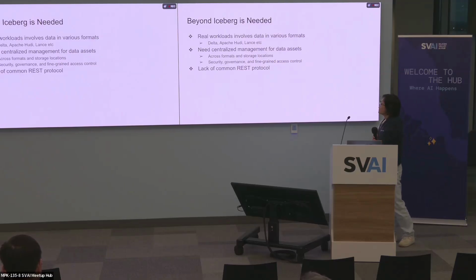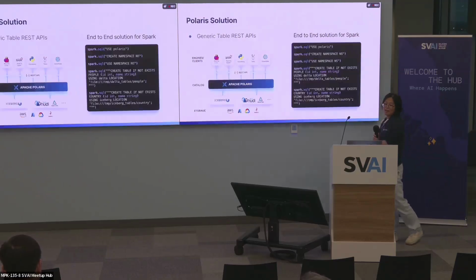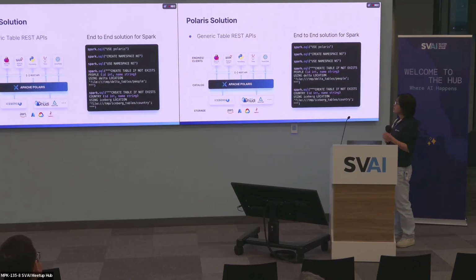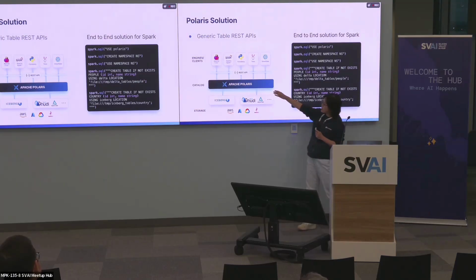Therefore, with our Polaris service, we are trying to take the first step going beyond Iceberg, to provide a common protocol to help manage all the data assets across different formats. So we introduced the concept of a generic table, with a new set of APIs called generic table REST APIs, and Apache Polaris already implements this.